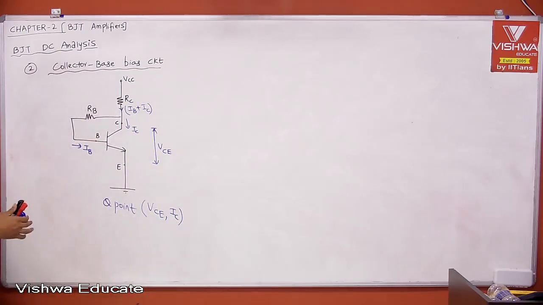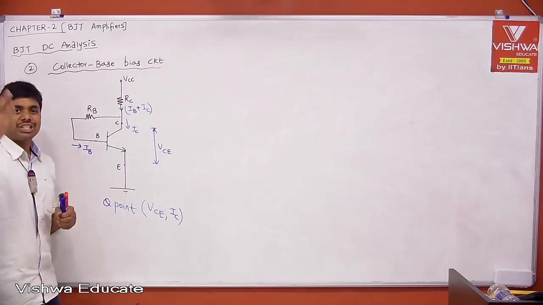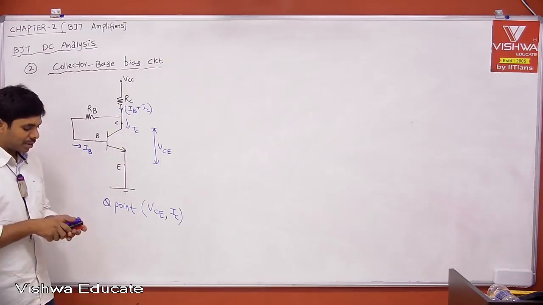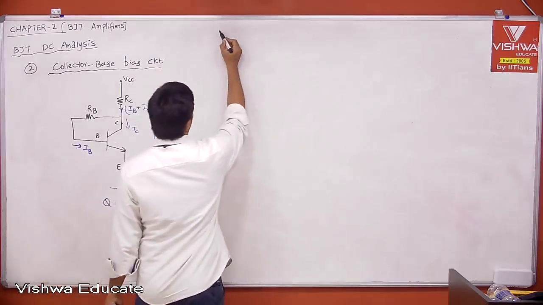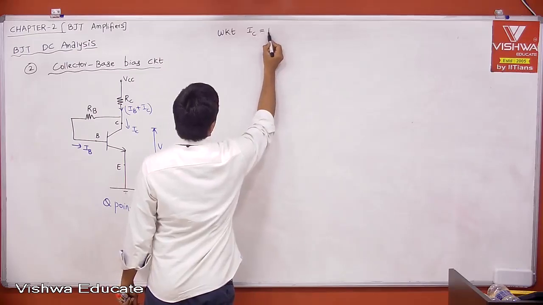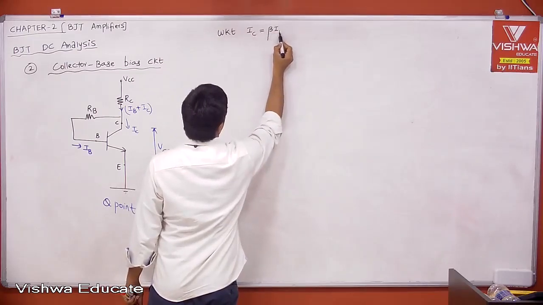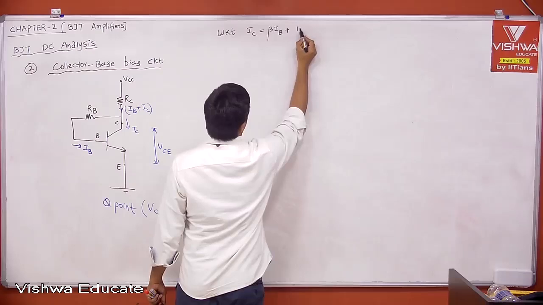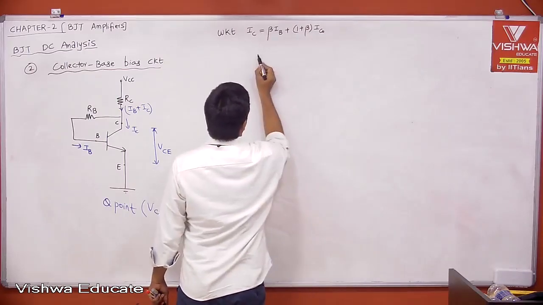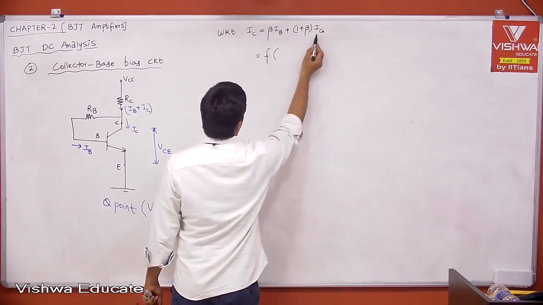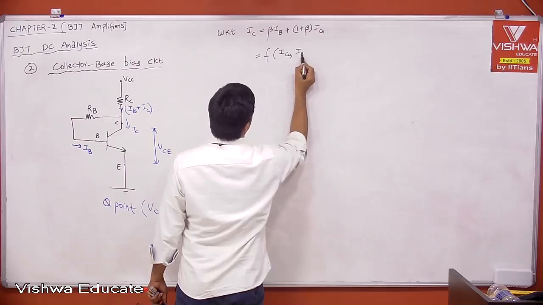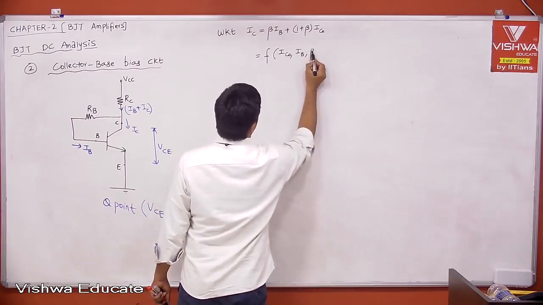Okay. Now tell me, if temperature increases, what will happen? Your IC will increase. Why? Because we know that IC is equal to beta into IB plus 1 plus beta into ICO, and IC is a function of reverse saturation current ICO, input base current IB, and beta.